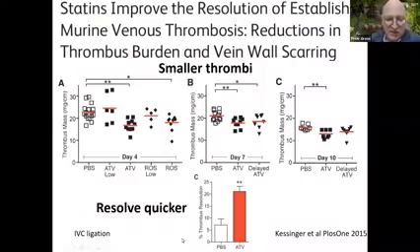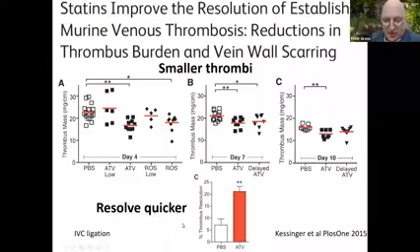And they did the IVC ligation model, so the tie-off model, and measured the mass of the thrombus day 4, day 7, and day 10. And you can see that the statins reduced the size of the thrombus. There were some time effects, but just generally they reduced the size of the thrombus.